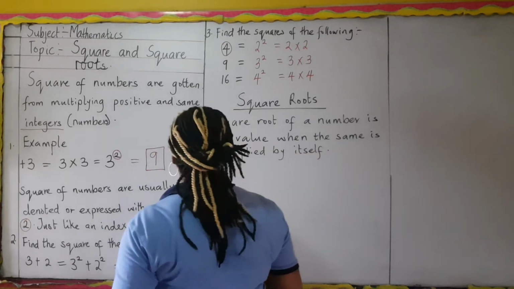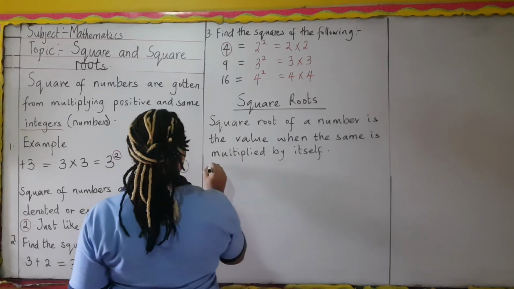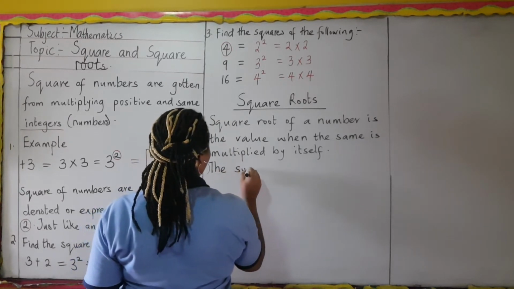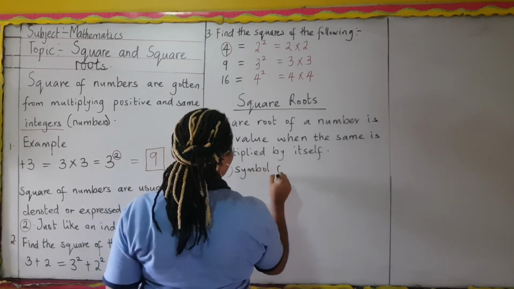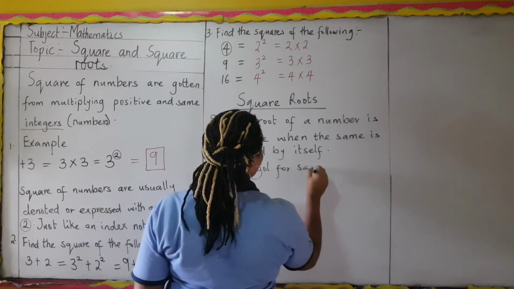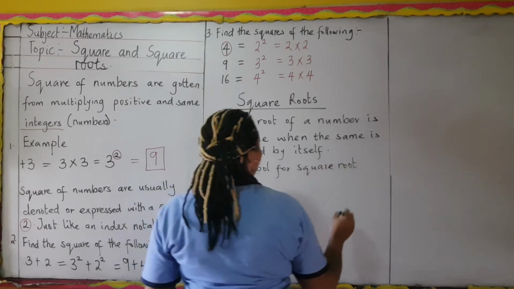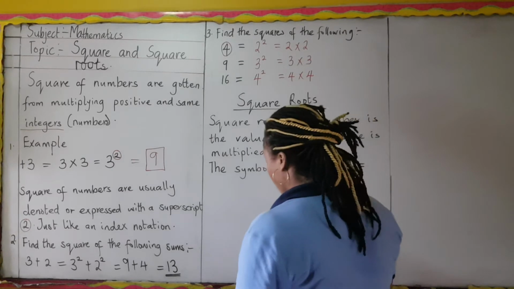Full stop. And the symbol for square roots is a radical. This is the symbol for square root.